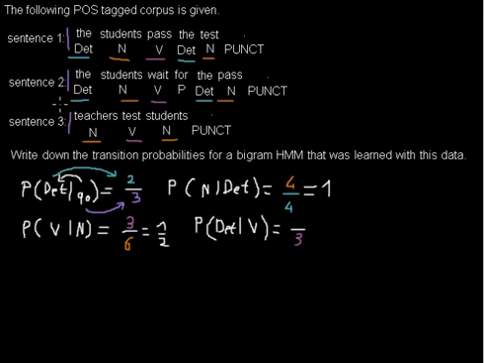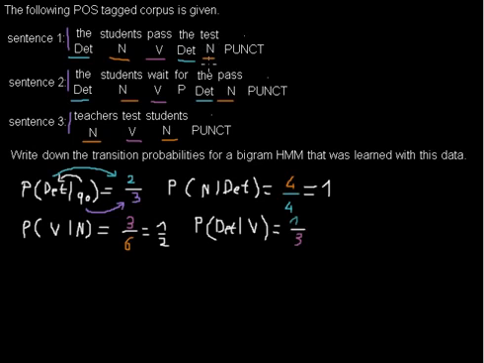And now we need the number of determiners that follow verbs. So we have 1. Here's something else, here's something else, so we just stay at 1. So I calculated this one, this one, this one. Now determiner given noun, given determiner, we already calculated that.